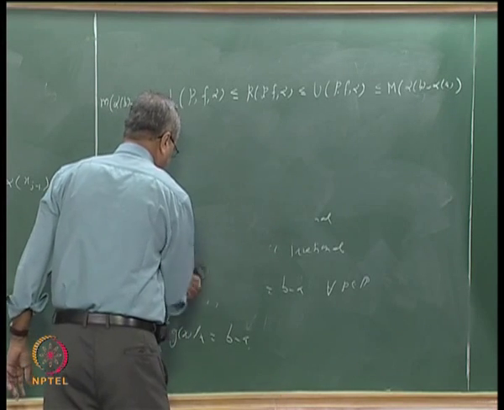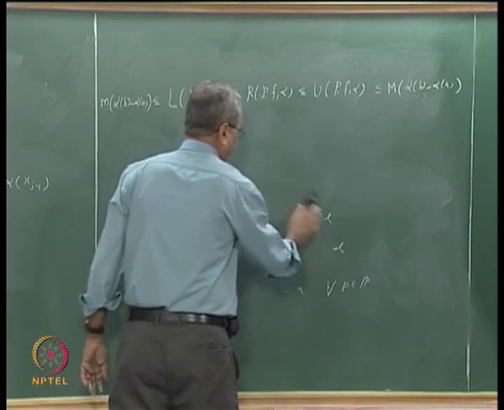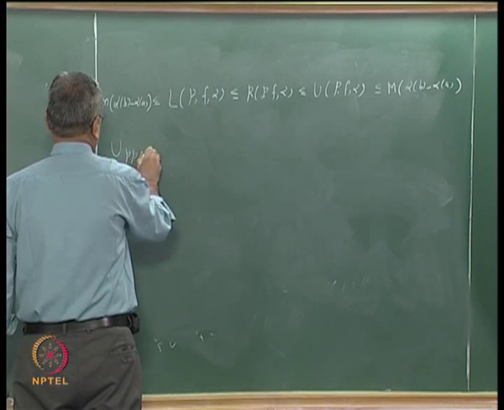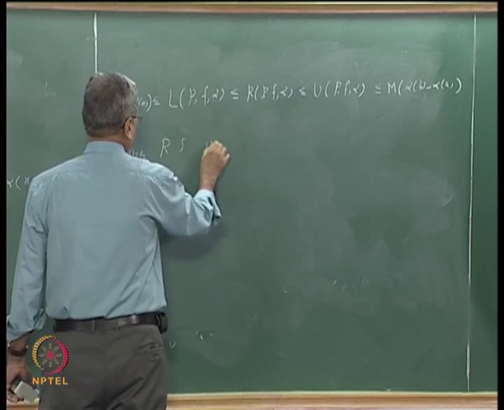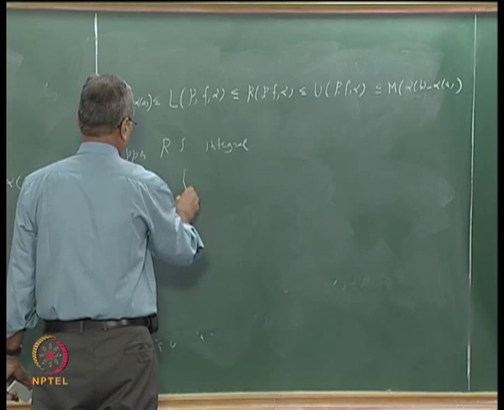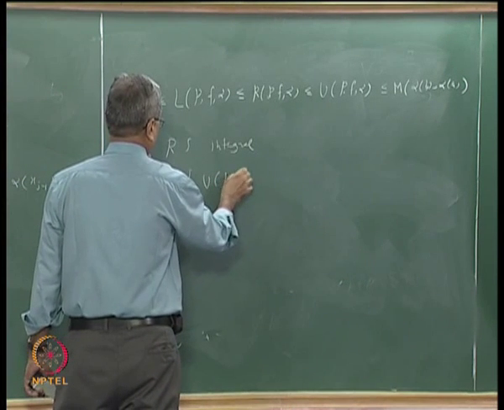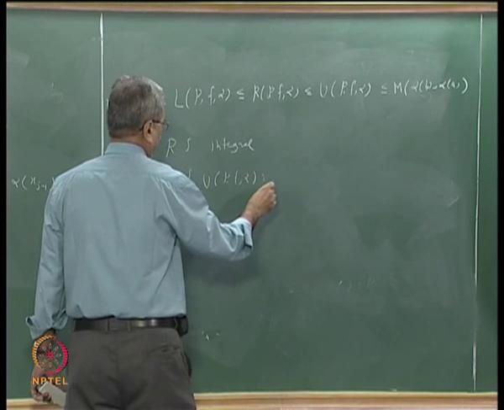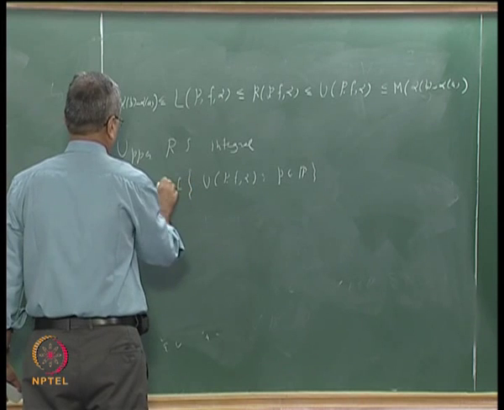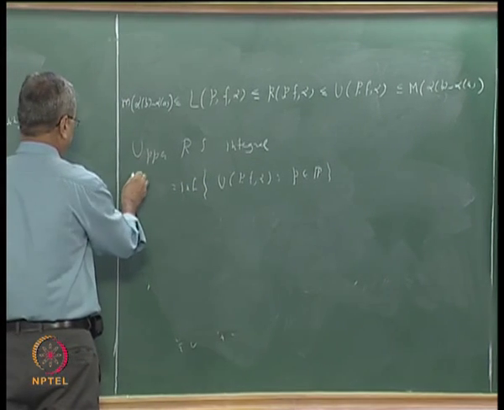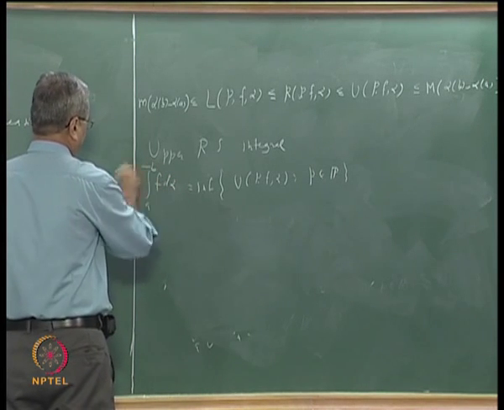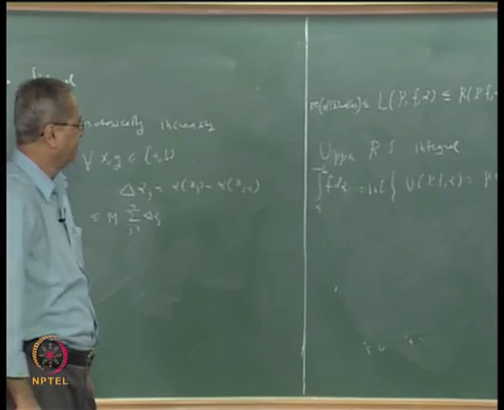So that is why we say it is a small extension of the ideas, and as usual we define the upper Riemann-Stieltjes integral as follows, that is again you take the set of all U(P, f, alpha) for P belonging to script P and take its infimum, that is the upper Riemann-Stieltjes integral, and it is denoted by integral a to b f d alpha, with a bar on top of the integral sign. Okay.